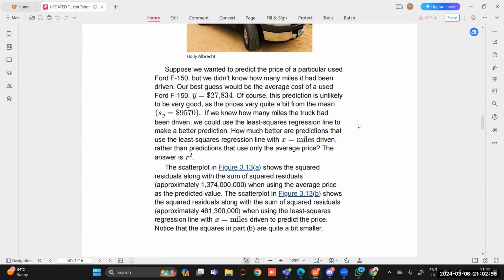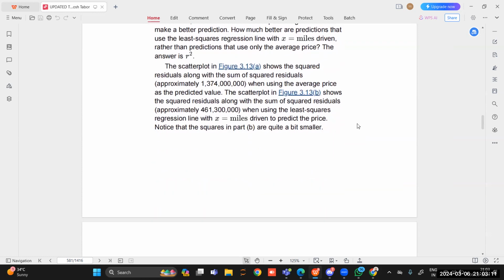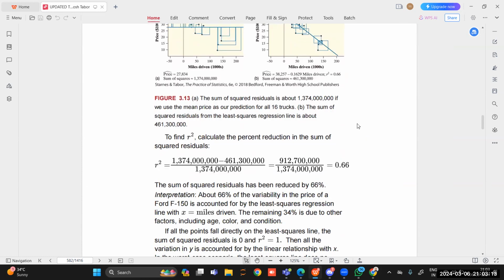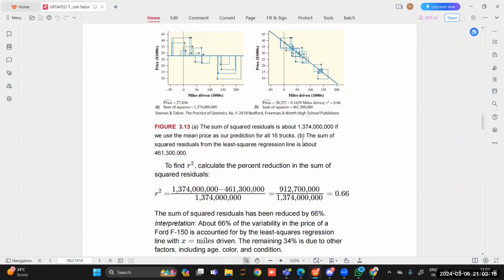If we knew how many miles the truck had been driven, we would use the least square regression line to make a better prediction. How much better is our prediction using the least square regression line with x equal to miles driven, rather than predicting using only the average price? That's r squared. See here, he has explained how to see this.